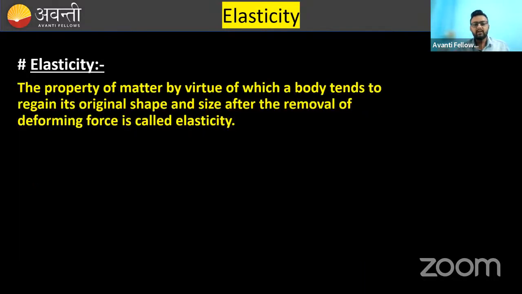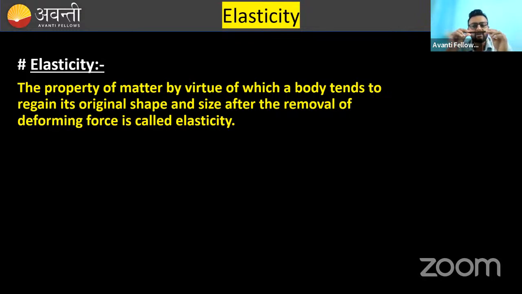So what is elasticity? Elasticity is a property of a body or matter, by virtue of which a body tries to regain its original shape after removal of the deforming force.